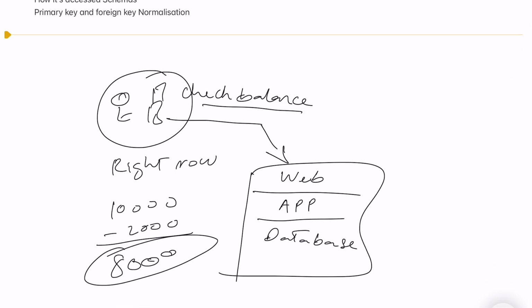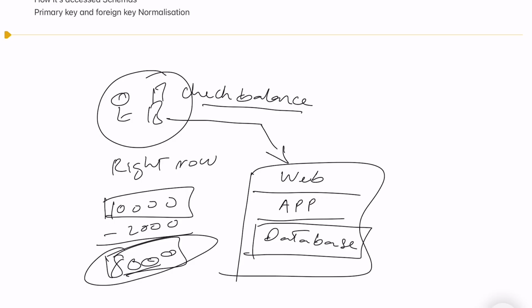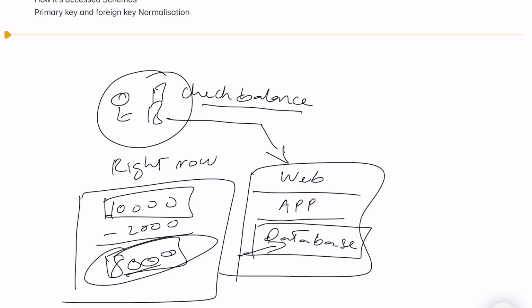Now how this happens is that it means that your data, your entry of this 8,000 or your previous entry of this 10,000 is stored somewhere. That somewhere is called as a database. So whenever you do a balance check, whenever you do in fact a transaction, this process which I explained over here, 10,000 minus 2,000, that happens in the database where the previous amount was 10,000 and 2,000 was sent to someone else, and then the remaining balance was 8,000.